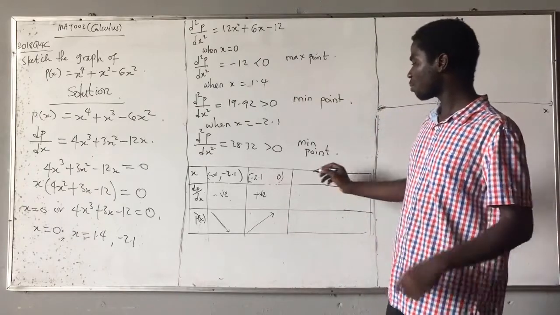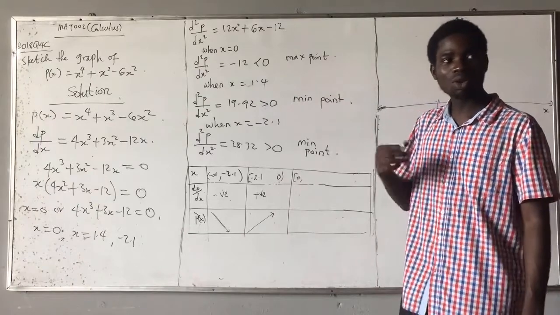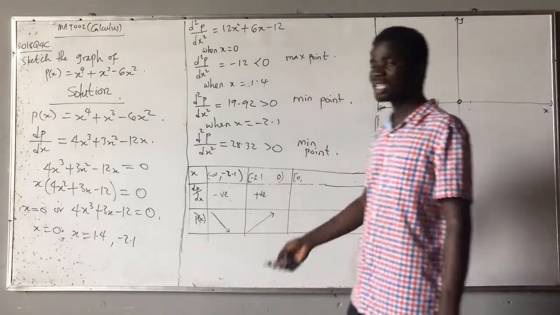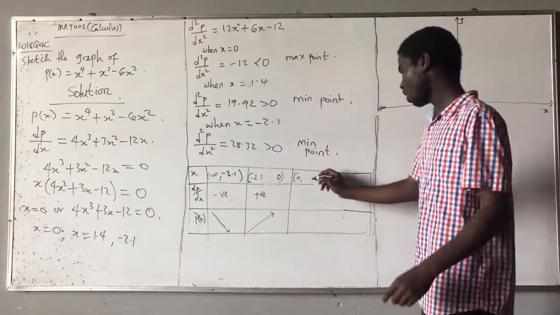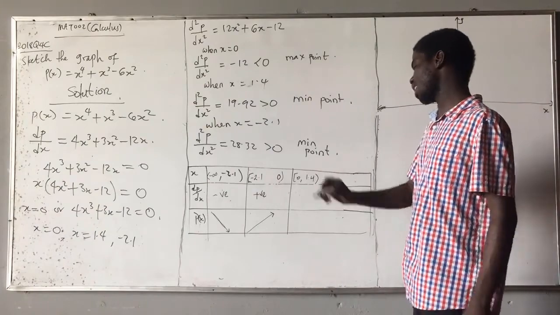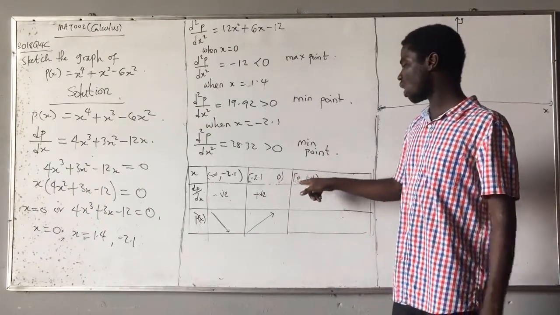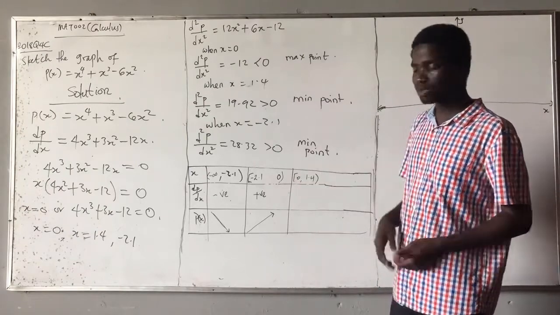Now, from 0 to the next stationary point, which is 1.4. Check any number between 0 and 1.4. 1 is between 0 and 1.4, or 0.9 is between there.